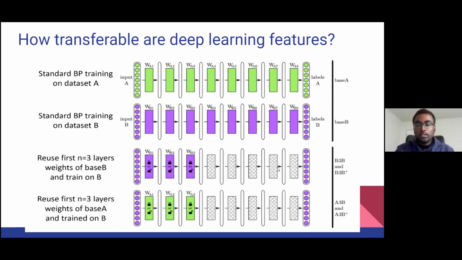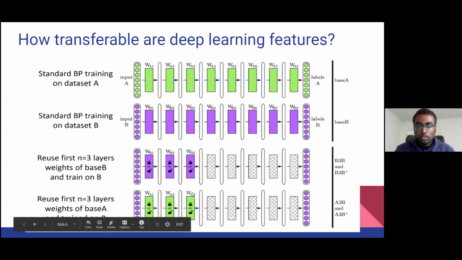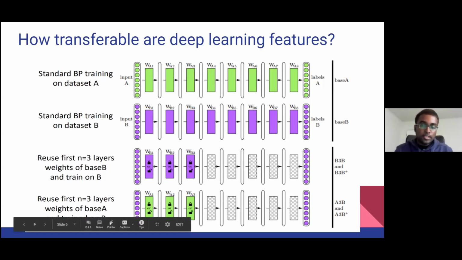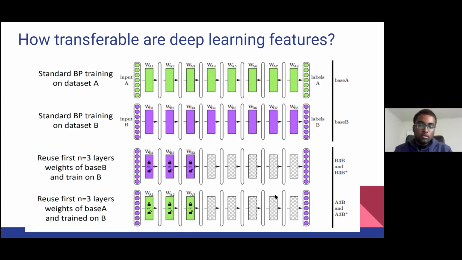Because if you freeze the 6 layers with dataset A and then just train the last 1 or 2 layers for the target domain, then if dataset A was different from dataset B, the features at layer 6 would not be suitable for dataset B, and hence there is a sharp drop in the performance.